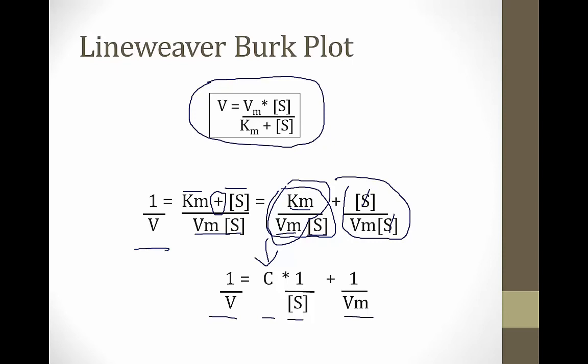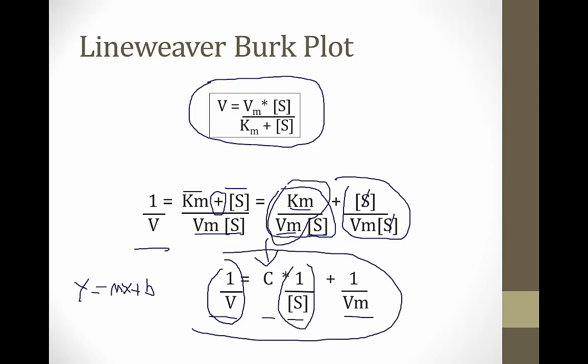Now you may remember from algebra that the equation y equals mx plus b is the equation for a straight line. So if we plot 1 over V on the y-axis and 1 over S on the x-axis, we now have y equals mx plus b. We have the equation for a straight line right here, and we've just created this by flipping the Michaelis Menten equation upside down.